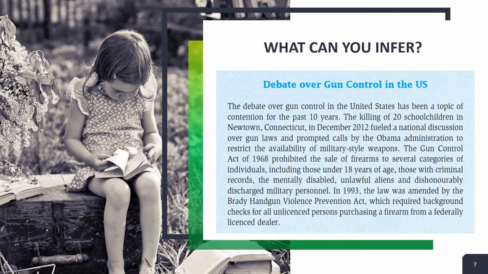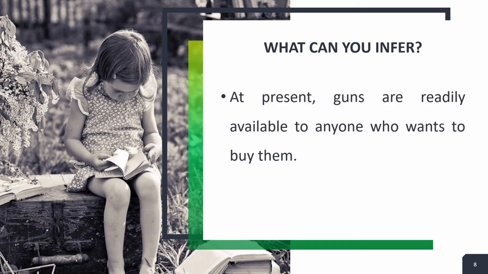So what can we infer from here? Yes, at present guns are readily available to anyone who wants to buy them. So we can see from the excerpt that all the information is provided: the years, the development, and what the laws are that are implemented for people to buy a gun.